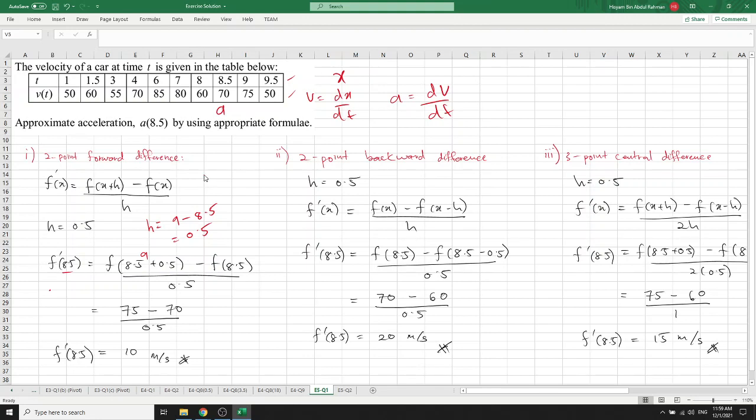So we replace f(9) over here, which is 75, and f(8.5), which is 70. So 75 minus 70 divided by 0.5 becomes 10. For the unit, I just put meter per second. So it's very simple.